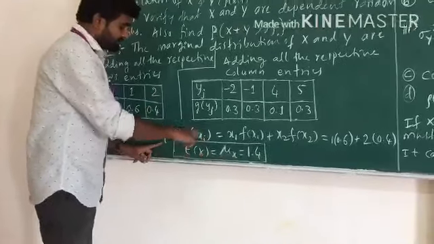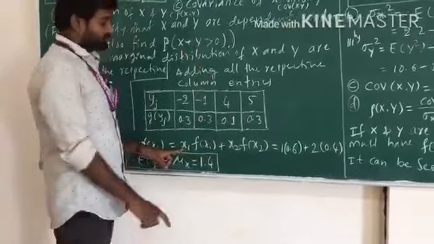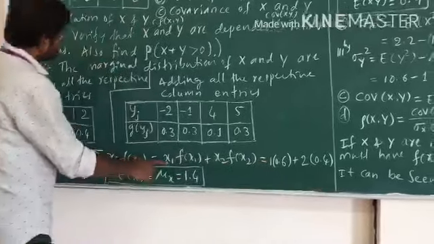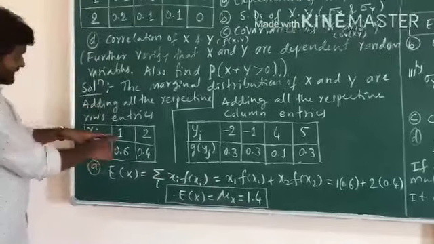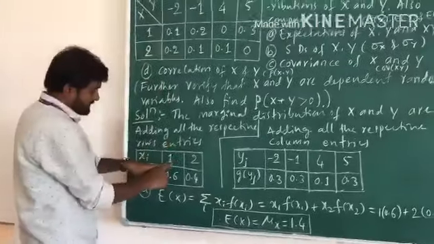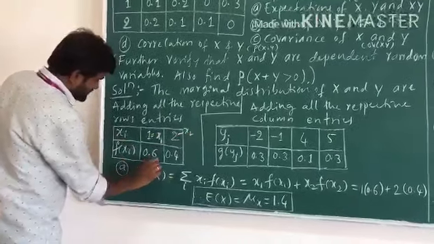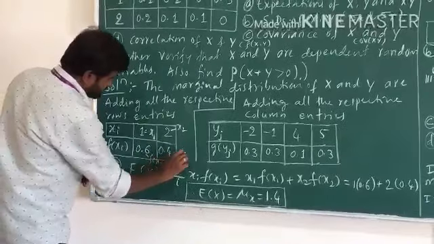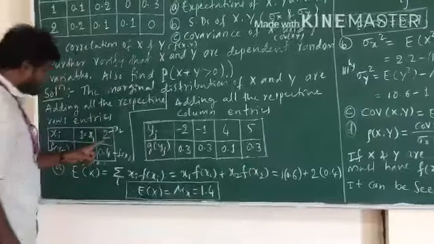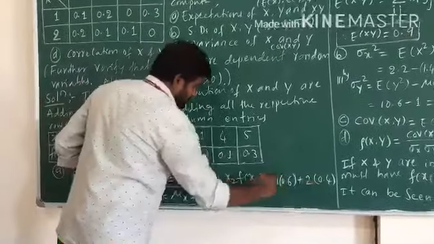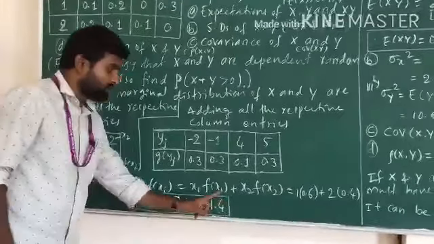If you expand this summation, it is x1 into f of x1 plus x2 into f of x2, where x1 is 1 and x2 is 2. Now this is f of x1 and this is f of x2. So 1 into 0.6 plus 2 into 0.4. After simplifying, the expectation of x, or mu of x, equals 1.4.